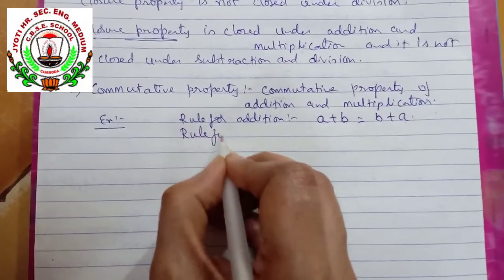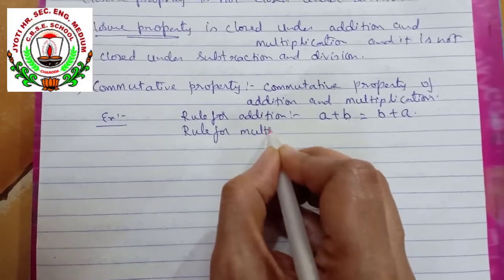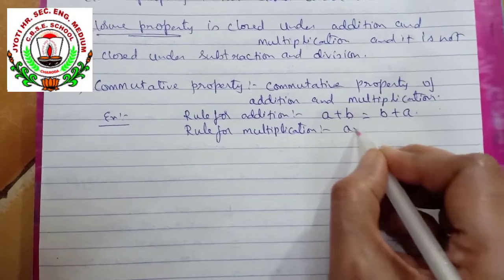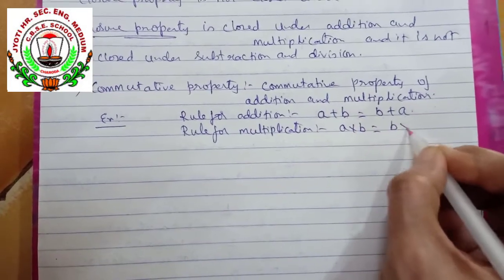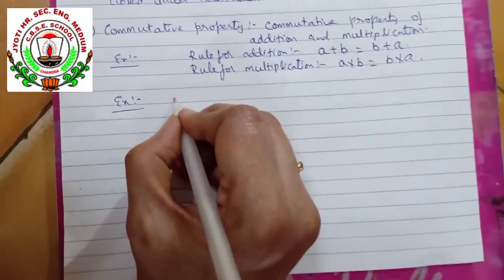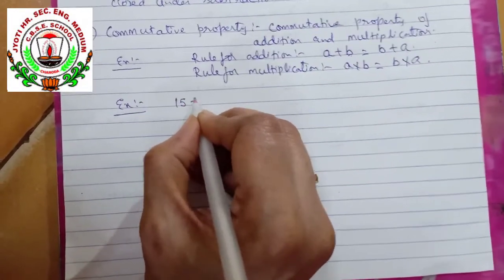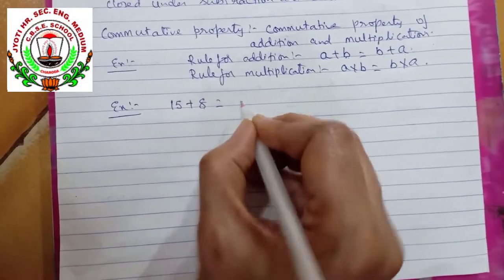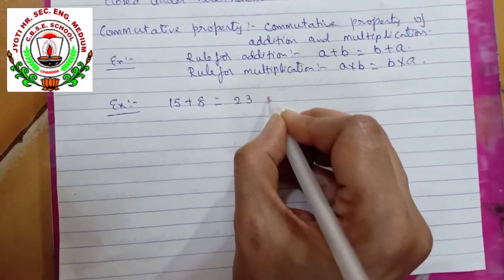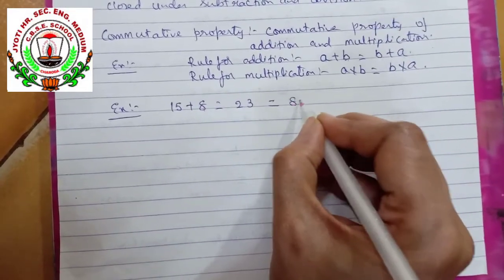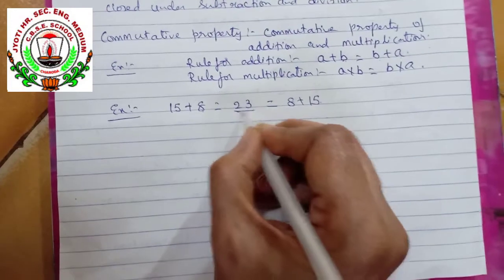And the rule for multiplication is A into B is equal to B into A. For example, 15 plus 8 is 23. This is also equal to, when I reverse the numbers, 8 plus 15, which is also 23.